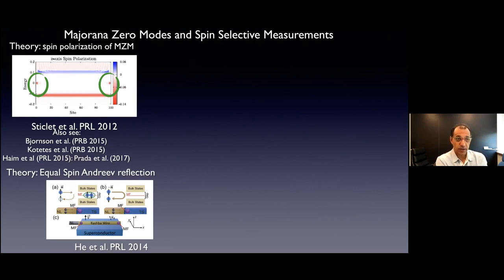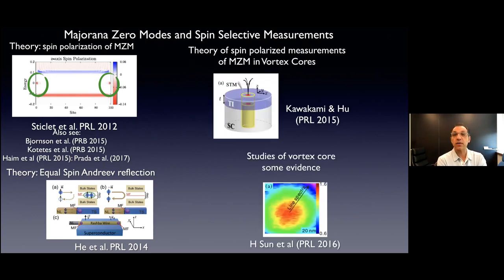For example, here we see one regime where the polarization is derived from the spin orbit coupling in a strong spin orbit coupling system of nanowires, where you have a weak magnetic field, for example, inducing the topological phase, and also all the way to examples that were presented earlier about vortex cores. These were experiments which show some contrast, which seems to be a distinguishing feature of Majorana zero modes.